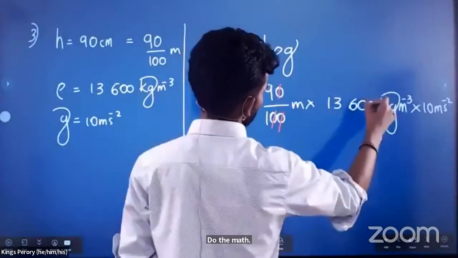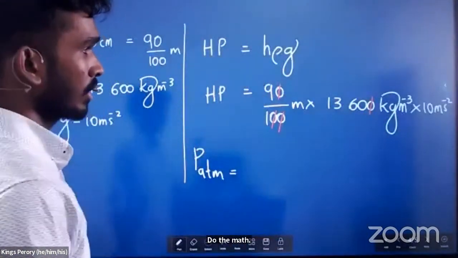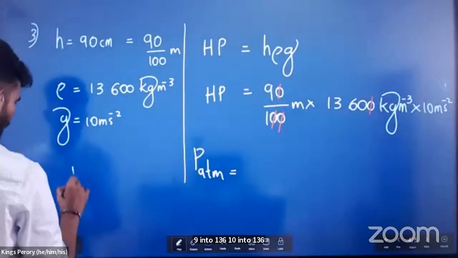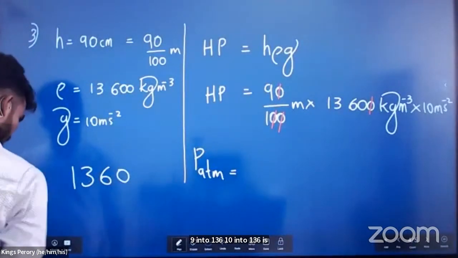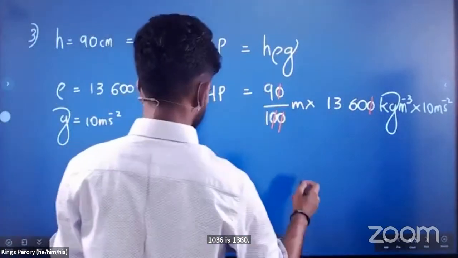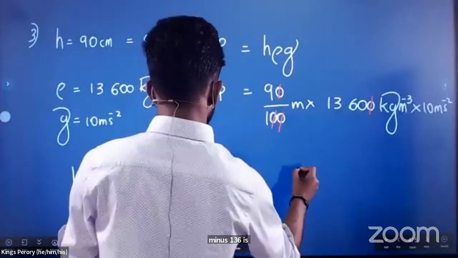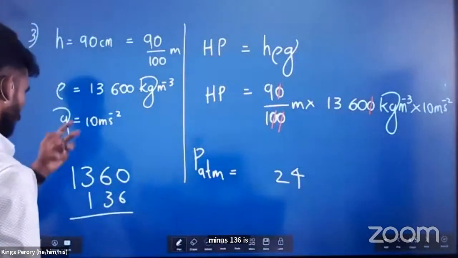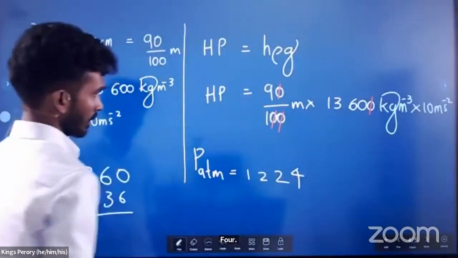Zeros cancel off. 9 into 136: 10 into 136 is 1360, minus 136 is 1224.